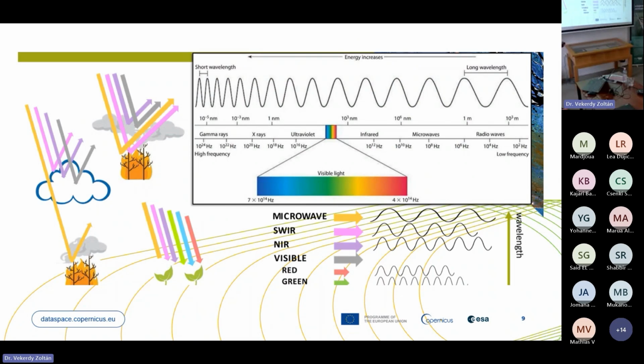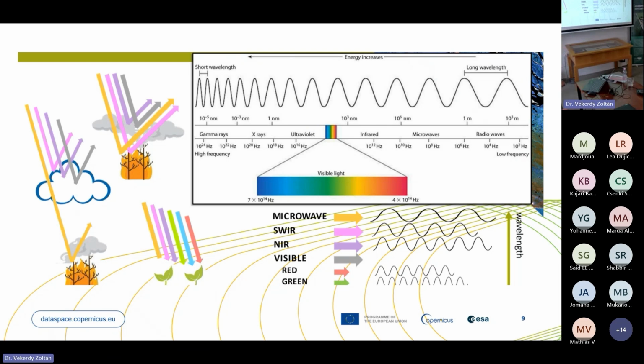With orange being microwave, pink being shortwave infrared, purple being near infrared, gray visible, red and green. These are all different parts of visible light and electromagnetic radiation in general. It's always good to remember that visible light goes from 400 to 700 nanometers.